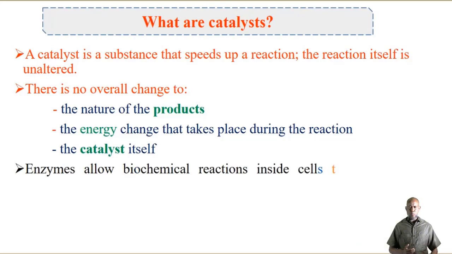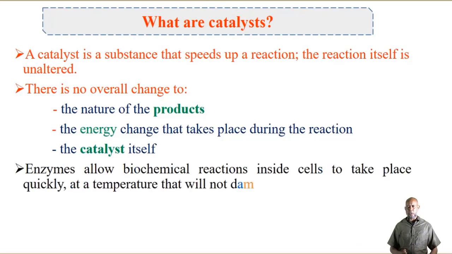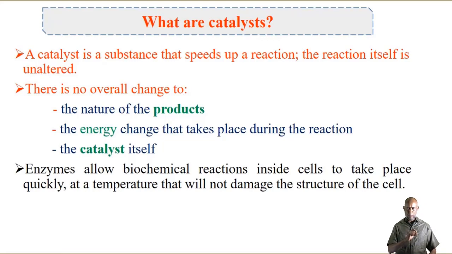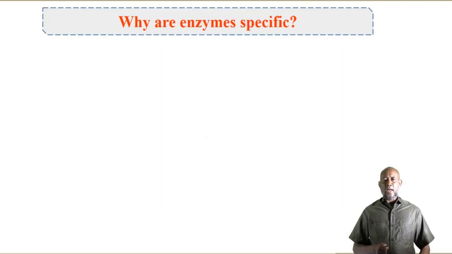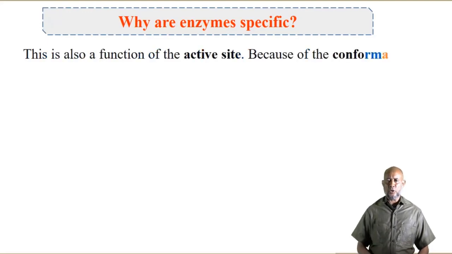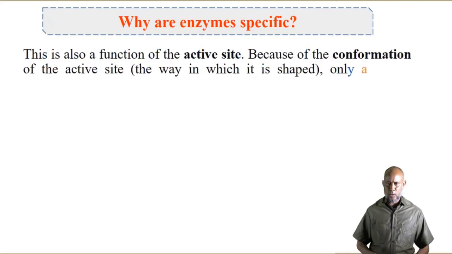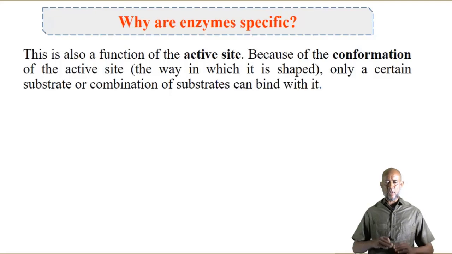Enzymes allow biochemical reactions inside the cell to take place quickly at a temperature that will not damage the structure of the cell. Okay? Why are enzymes specific? This is also a function of the active site because of the conformation of the active site.